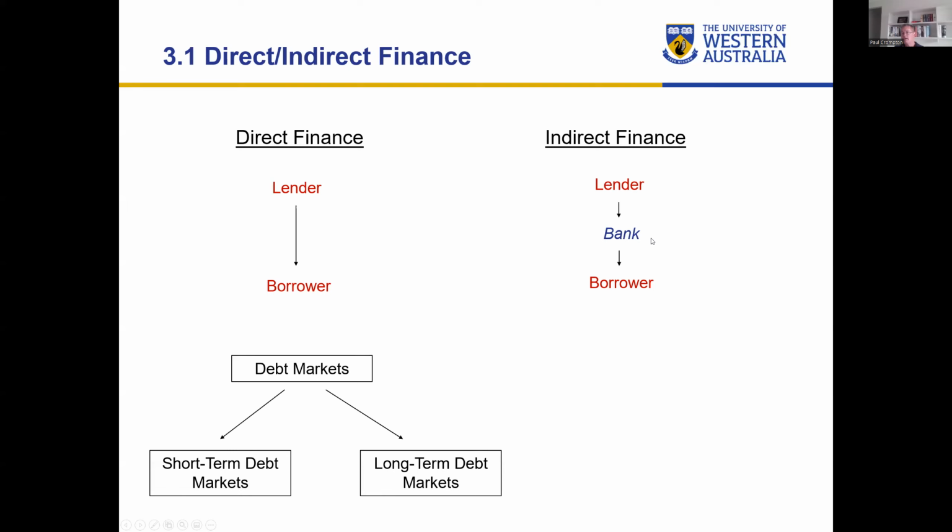They are all loans initiated by banks, and they all have interest rates attached to them. So we'll be coming back and talking about these later. But for now, we're not very interested in indirect finance. It's all about this direct finance.